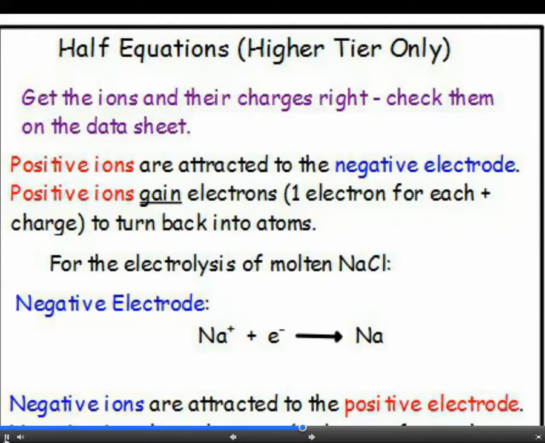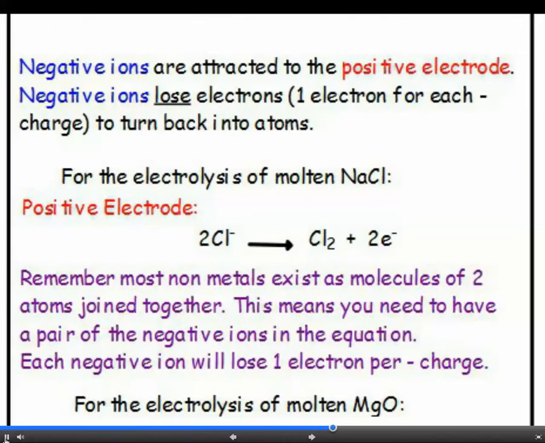One electron is gained for each positive charge that they have. At the positive electrode, negative ions give away one electron for each negative charge that they have. Remember, in almost all cases, the element that you form will go around in pairs, like Cl2 or O2. When this is the case, you're going to need to start with 2 of the negative ions.